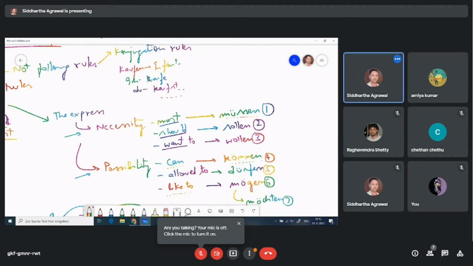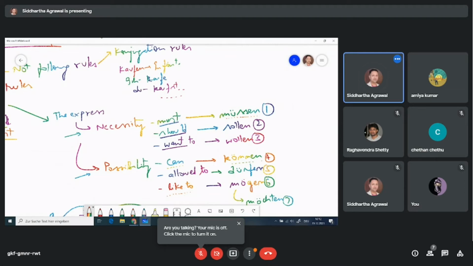Just note this. I will give you some more examples, and for others, it is revision also, because this is a new topic for everybody. So the main verb goes to the end, and the main verb is in infinitive form.